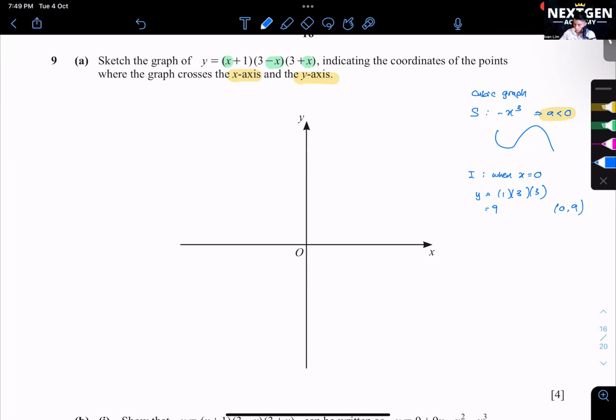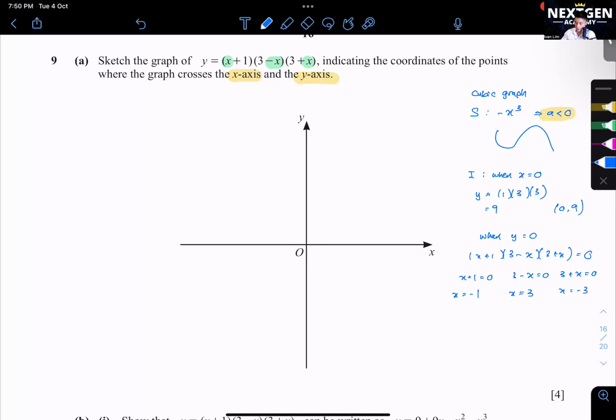Then the x-intercept is when y equals to 0. For this one, you see it's already in brackets: (x plus 1)(3 minus x)(3 plus x). You should know how to solve this. You just take each bracket like this, because it's like how you solve your quadratic. So x will be equals to -1, x equals to 3, and x equals to -3.